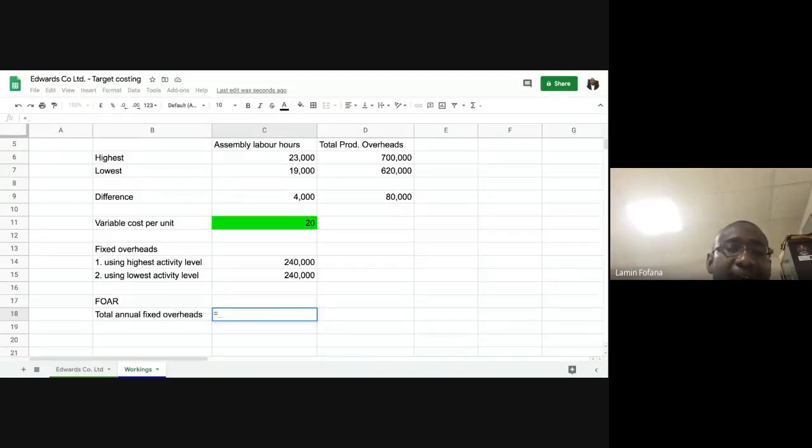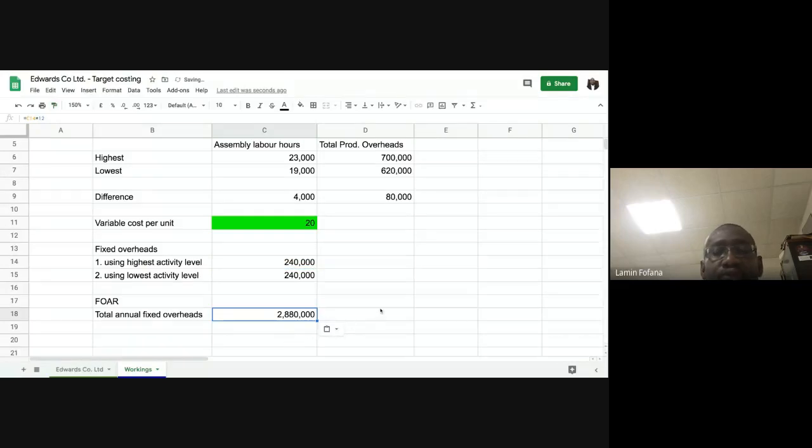So we have to find our annual fixed overhead divided by our annual assembly hours to give us our fixed overhead absorption rate. We need to be fast because it's almost 5 o'clock now. So the annual fixed overhead will be this 240,000, which is a monthly one, multiplied by 12. So that's 288. We can apply the formatting.